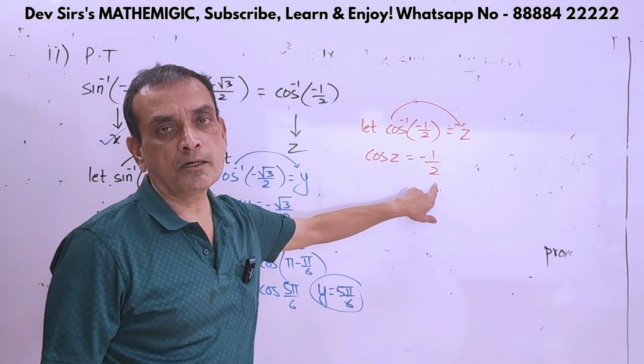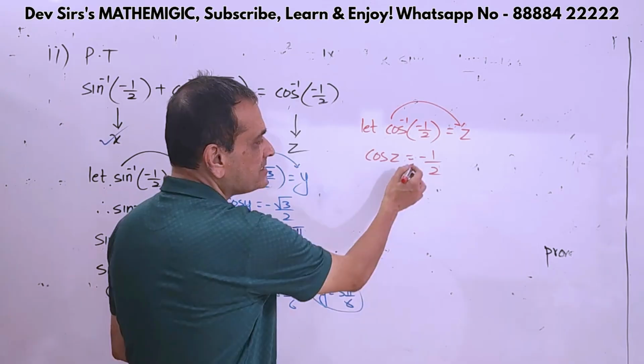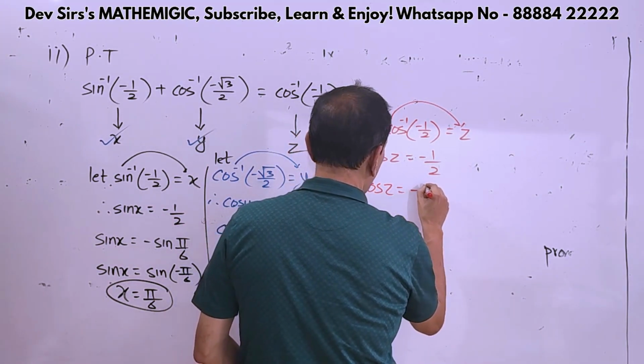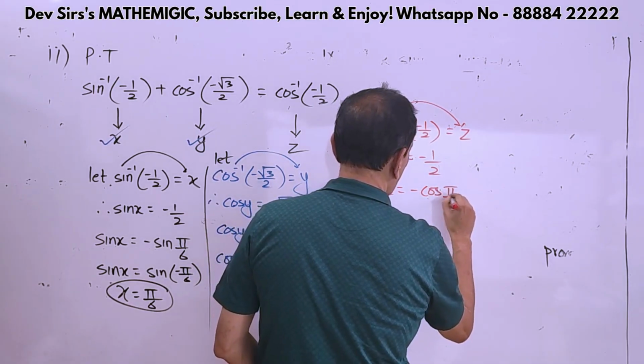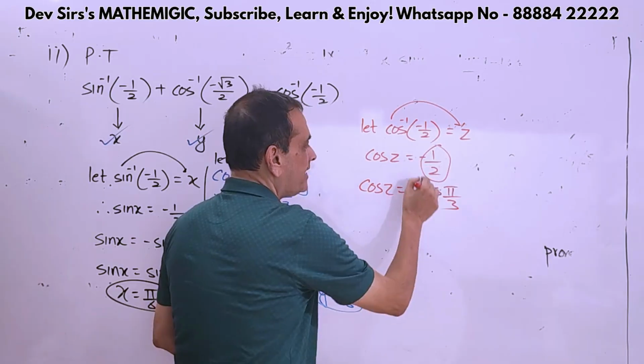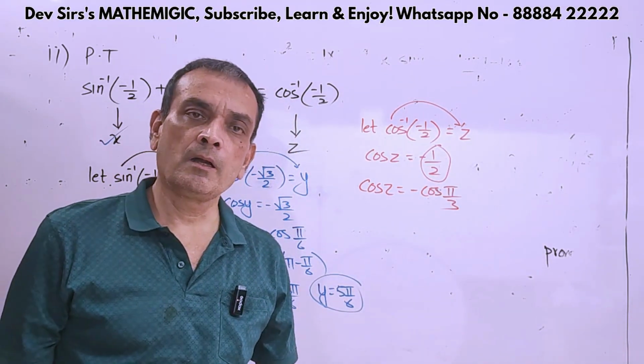Again half is standard, cos 60 is half, so minus sign सामने है, so I'm going to write cos z equal to minus cos 60, यानी cos pi by 3.